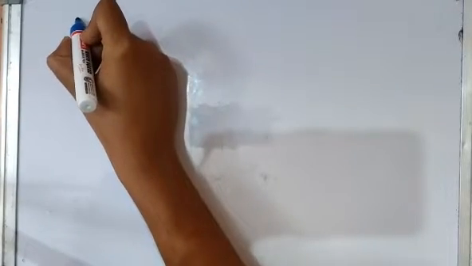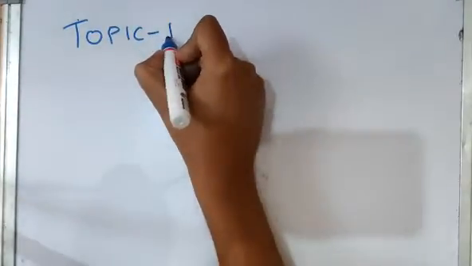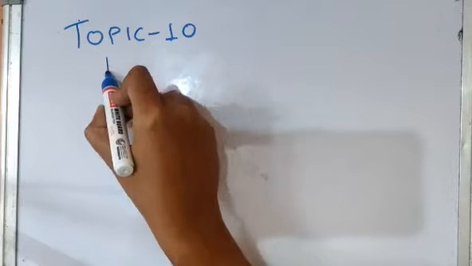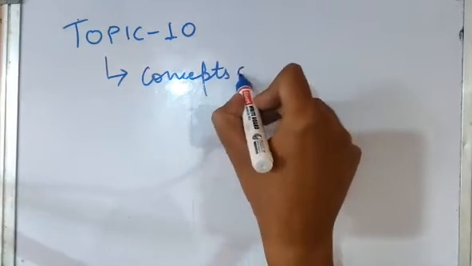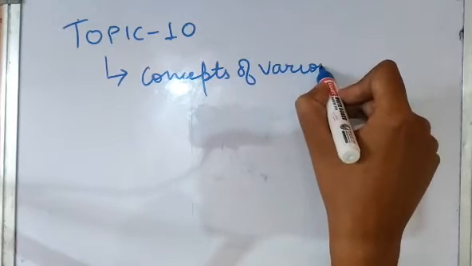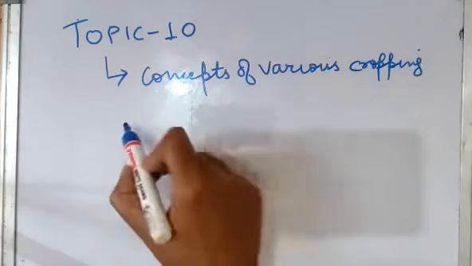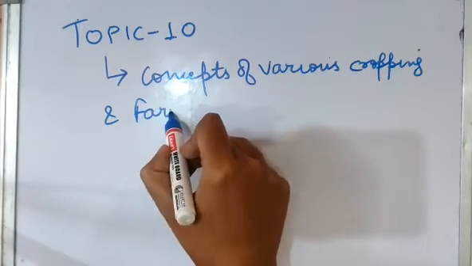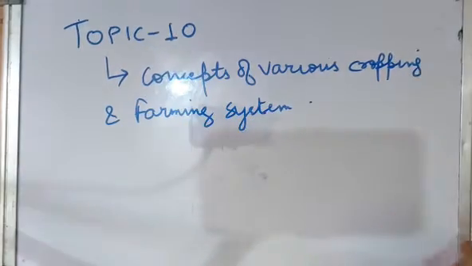So today we are going to discuss topic 10, that is concepts of various cropping and farming systems.